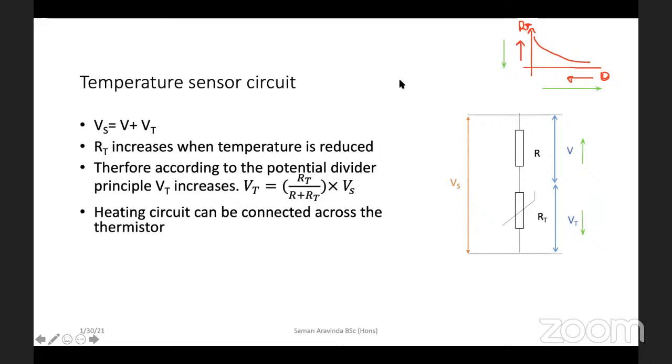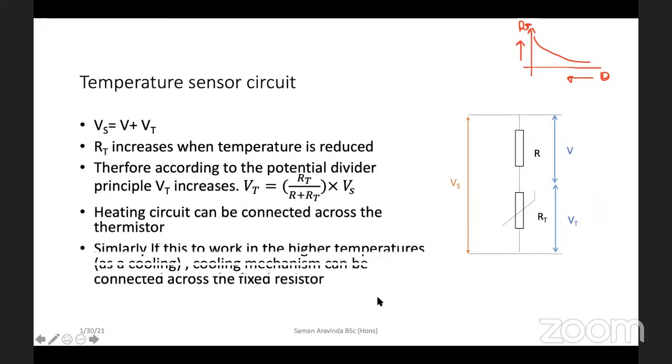Now do you understand why we have a fixed resistor and a thermistor? According to our need, we can connect accordingly. Similarly, if this is to work at higher temperatures, as a cooling mechanism, it can be connected across the fixed resistor. Am I clear?